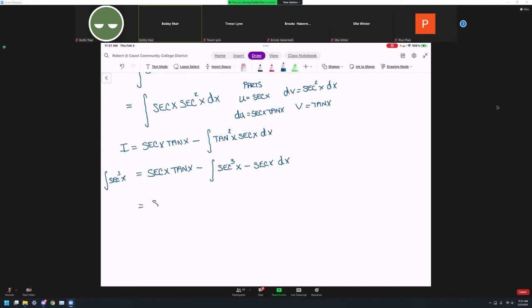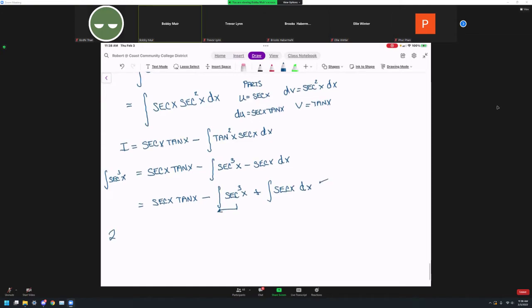So if you bust the two apart, minus the integral of secant cubed x, and then plus the integral of secant x dx. And now we move this guy over here and we integrate this guy as we did above.